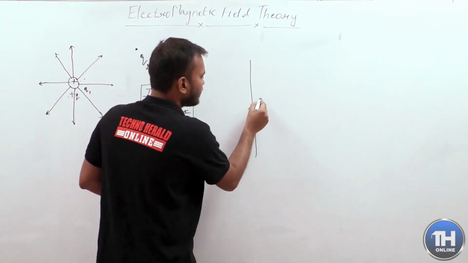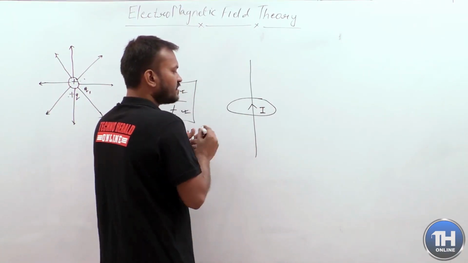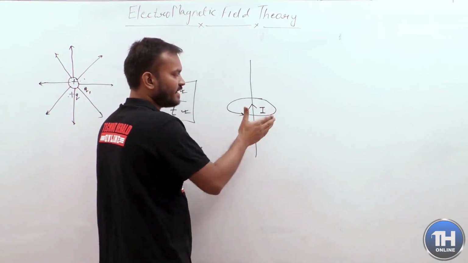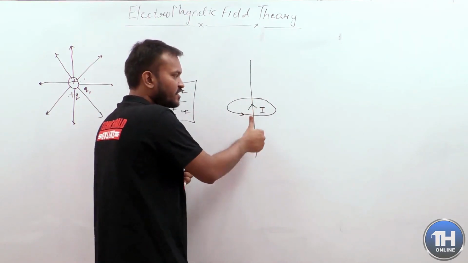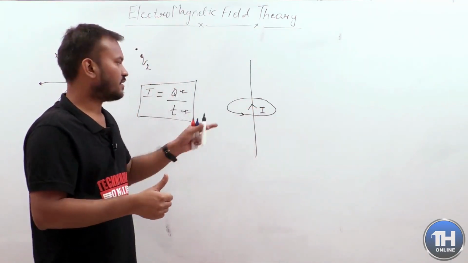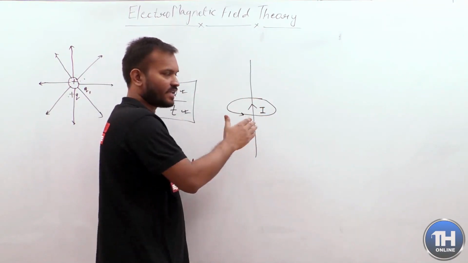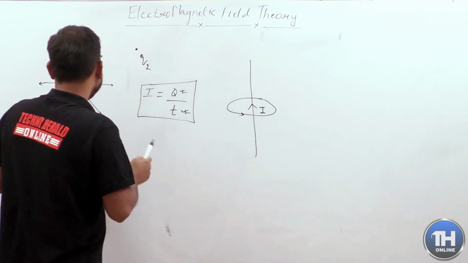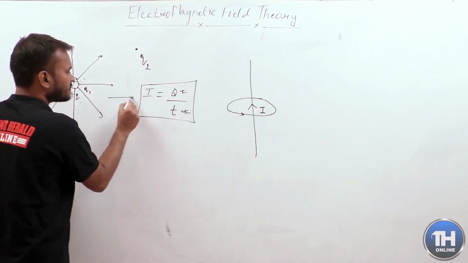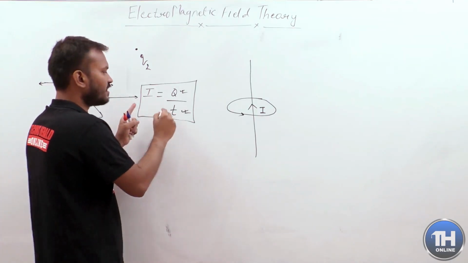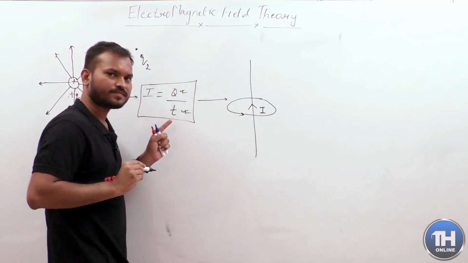Then we get a magnetic field around it, and the direction of this magnetic field is given by the right hand thumb rule, where the thumb represents the direction of the current flowing through the conductor and our curling fingers denote the direction of the magnetic field around it. So we started with the charge in motion becoming current. Then if a current is flowing through any conductor, a magnetic field is produced.